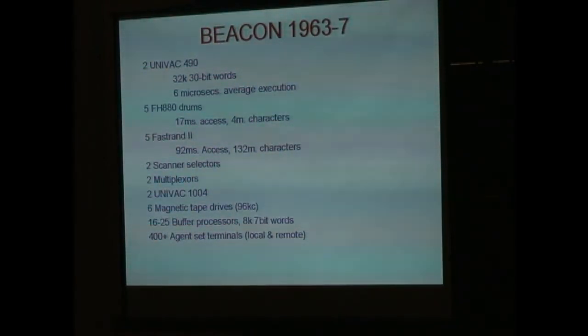FH, depending on your taste, incidentally, stood either for fixed head, because there was a read-write head per track on the drum, or flying head, because in fact they weren't in contact with the drum surface, but flew aerodynamically on a thin skin of air dragged around by the 1800 revolutions a minute of the drum.